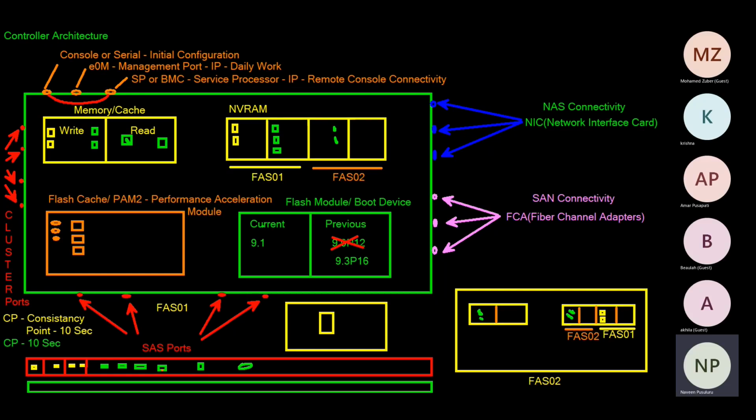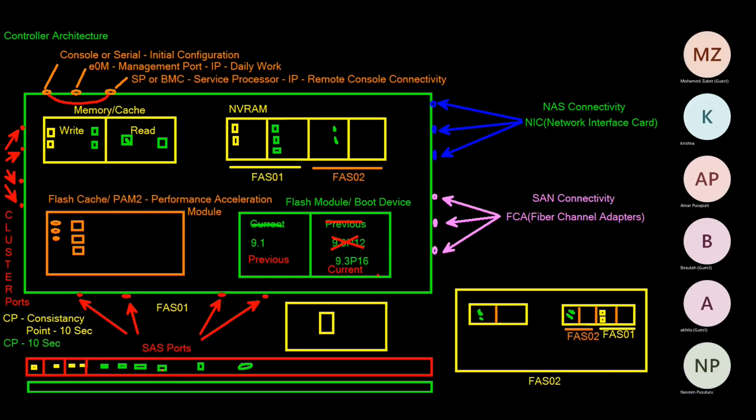So it will mark this 9.1 as the previous partition, and it will mark this as the current partition, and your controller will be booted up with this 9.3 P16 ONTAP.